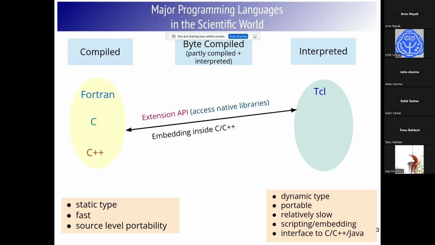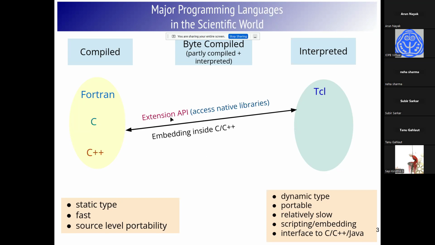They actually try to use either Fortran, C, or C++ libraries, and they only use themselves as the driver language. That means you have C, C++, or Fortran libraries, but the main program is not written in those languages. The main program is written in the interpreted languages. So in order to do that, those interpreted languages must be able to connect to the compiled languages very efficiently. So that's the whole point.